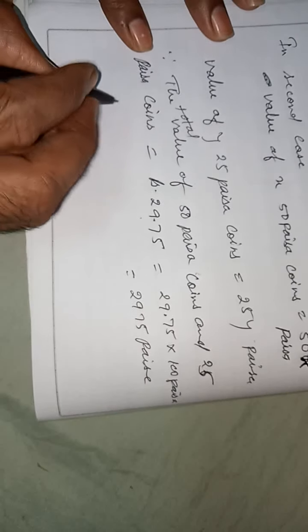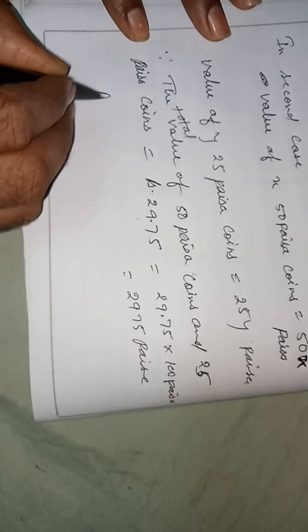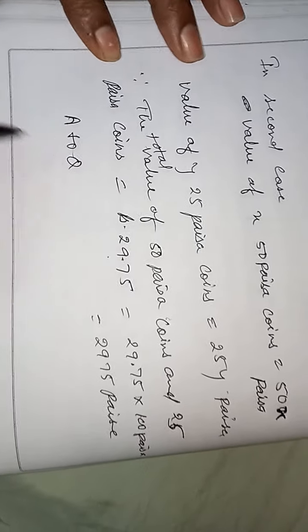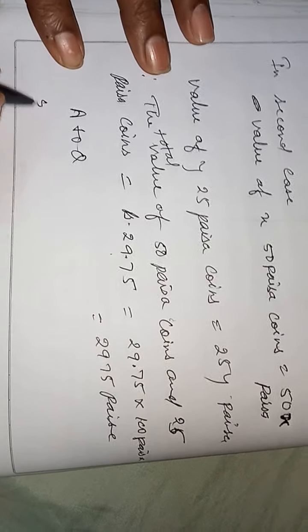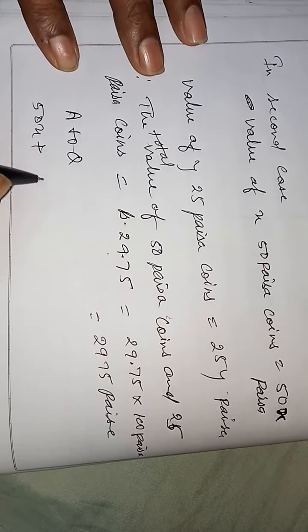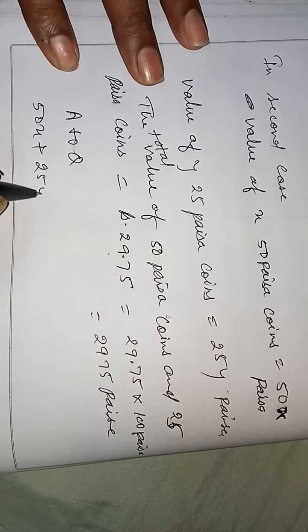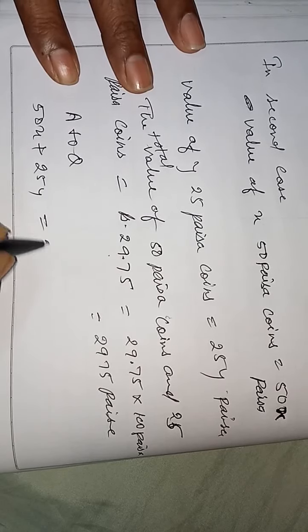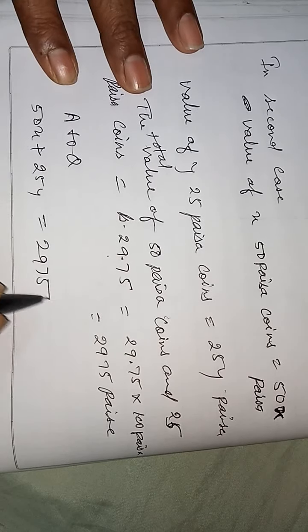Now according to the question, 50x + 25y = 2975.